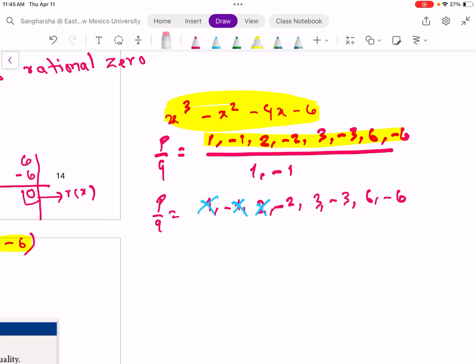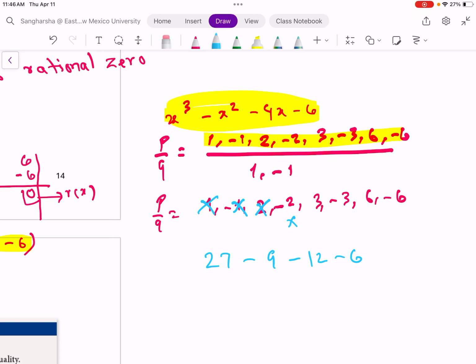Let's try -2. So negative 2 cube is negative 8, negative 2 square is 4, negative 2 times negative 4 is positive 8, negative 6. Okay, this is not a 0. Let's try positive 3. 3 cube is 27, minus 3 square is 9, minus 4 times 3 is 12, minus 6.